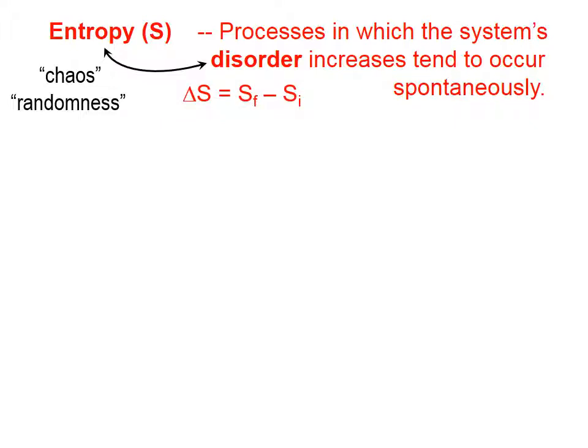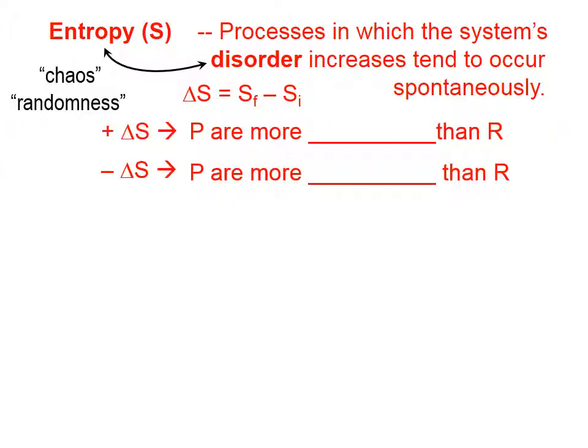The change in entropy of a process, obviously, is going to be the final entropy minus the initial entropy. If the sign of the entropy change is positive, that means that the final state has more disorder than the initial state. More chaos, more randomness.